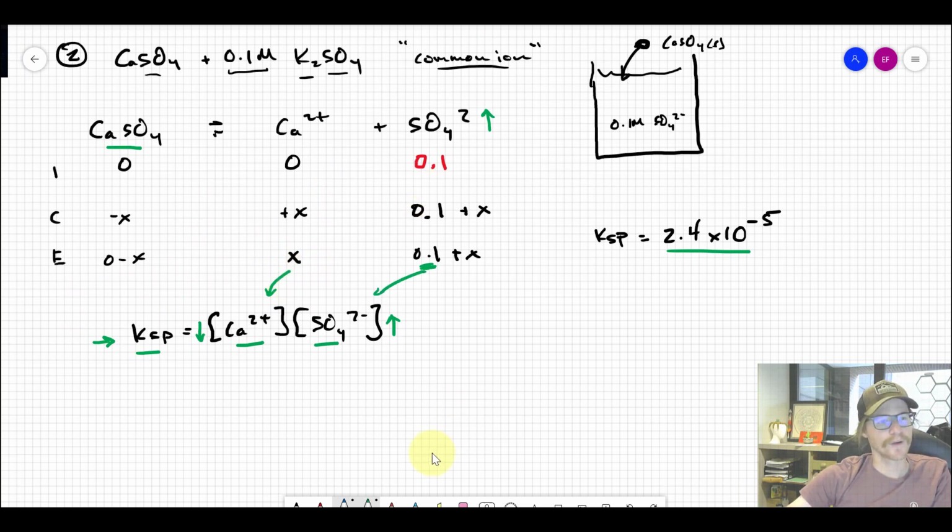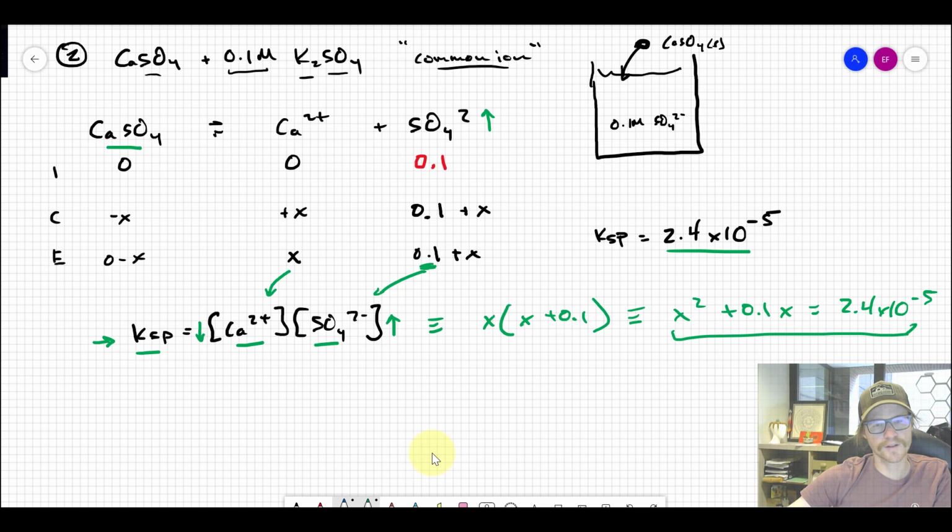So we end up with KSP equal to X times (X plus 0.1), which is equal to X squared plus 0.1 X equal to 2.4 times 10 to the minus 5. This is the full expression, so X squared plus 0.1 X minus 2.4 times 10 to the minus 5 equals 0. This is our beloved quadratic expression.